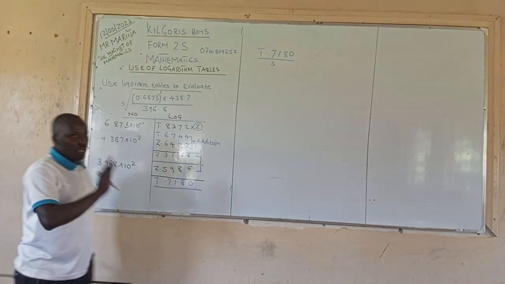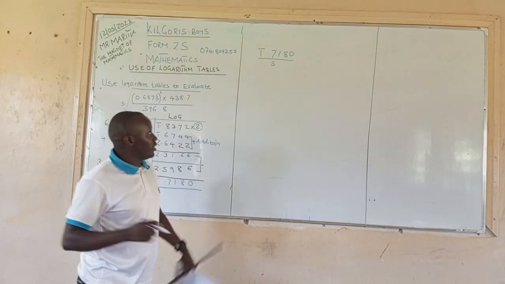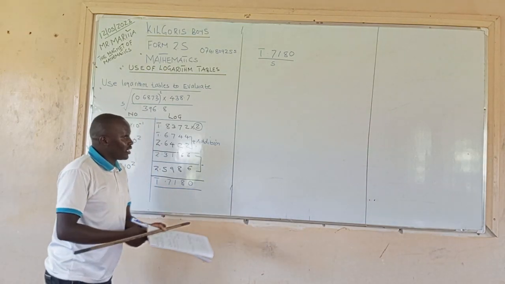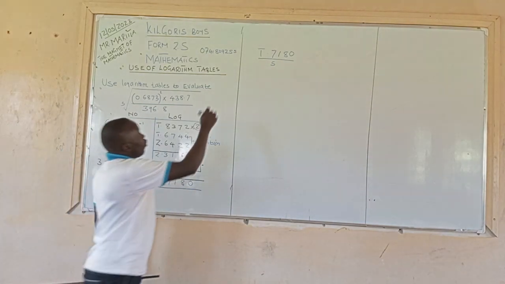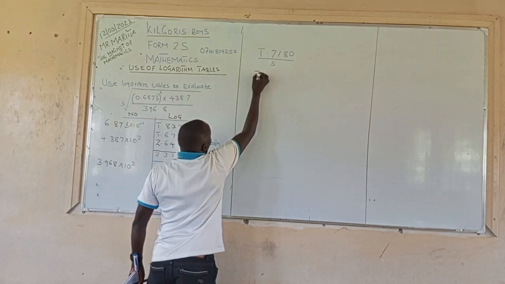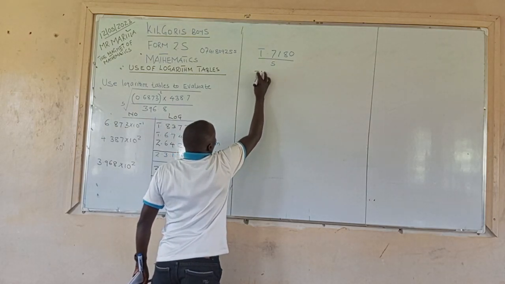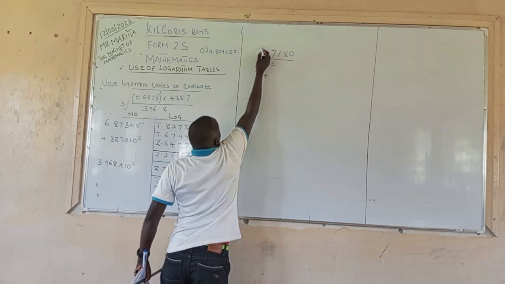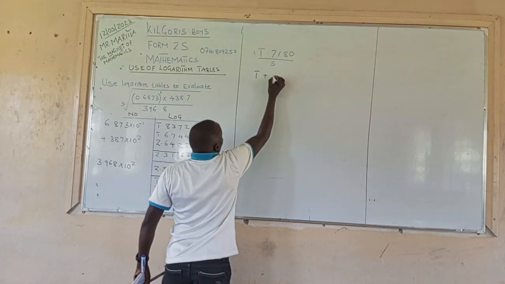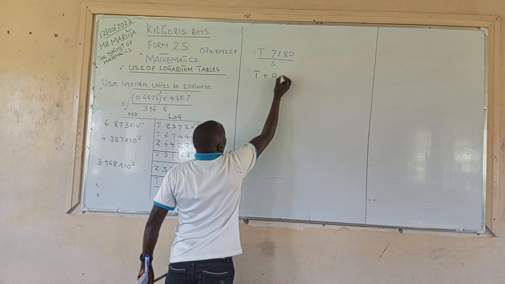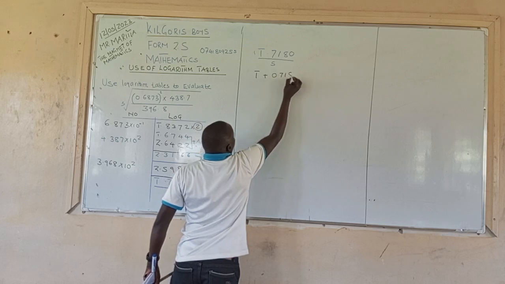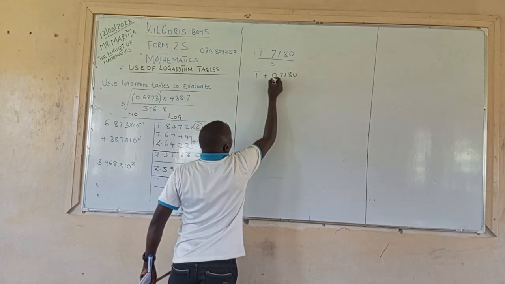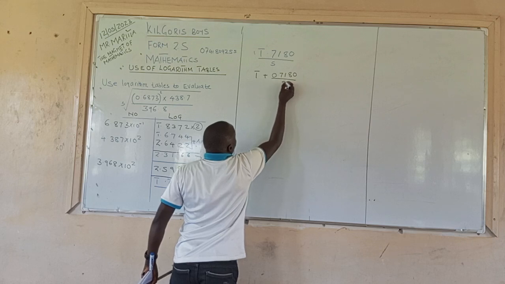You need to separate the character from the mantissa, and if the character is separated from the mantissa, we can have this one as power 1 now plus. We have separated this power 1 from there, so we remain with 0.7180. So in this case, we divide this one by 5.